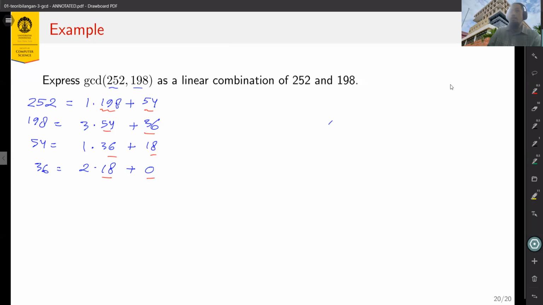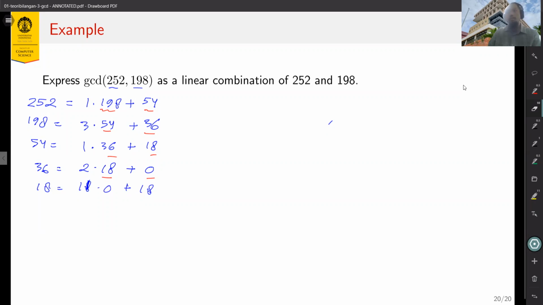To finish out, we take 18, which is 18 times 0 plus whatever, it doesn't really matter. Should be 1 times 0 plus 18.